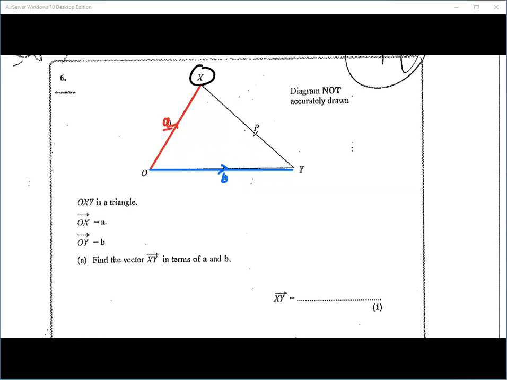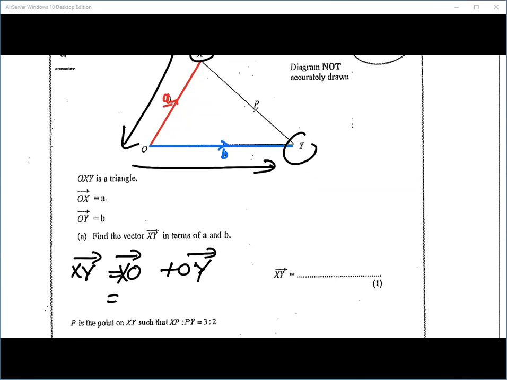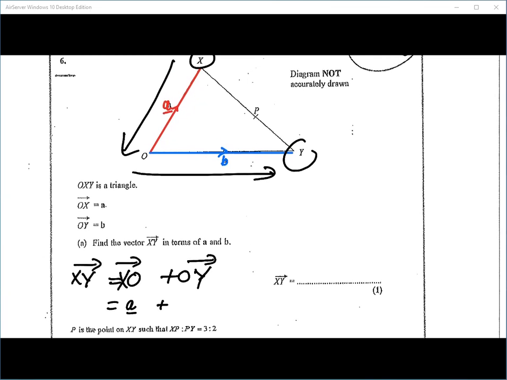X to O, then O to Y. So we say X to Y is equal to X to O add O to Y. So what's X to O? X to O is minus A. Put a minus in there because we're going in the opposite direction. A is going up, we're going down. So we write down here minus A plus B.